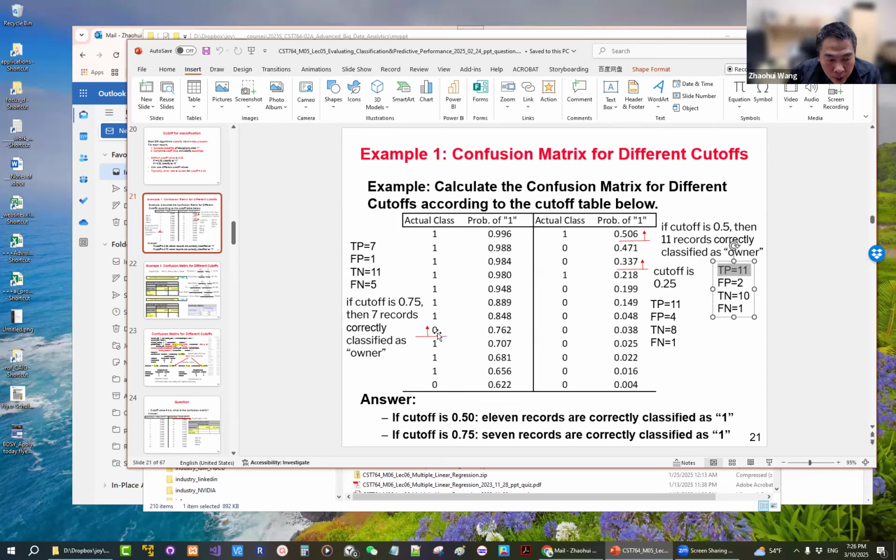But for the cases where the actual is 0 beyond this line, the actual is 0 but predicted to be 1.